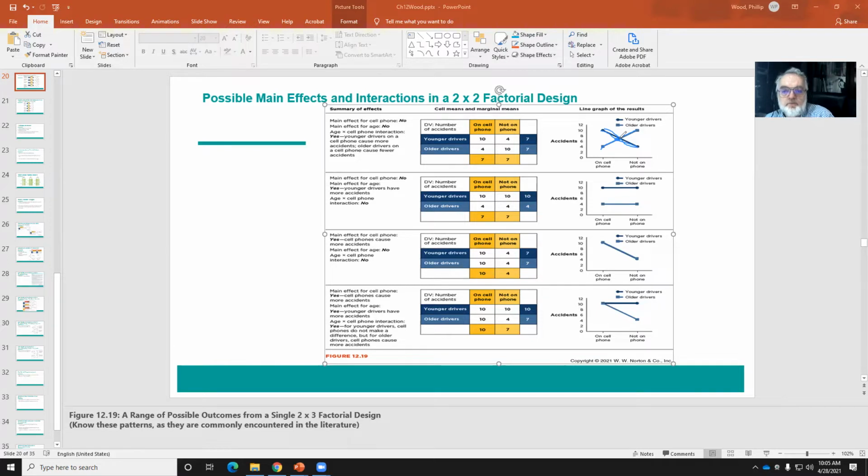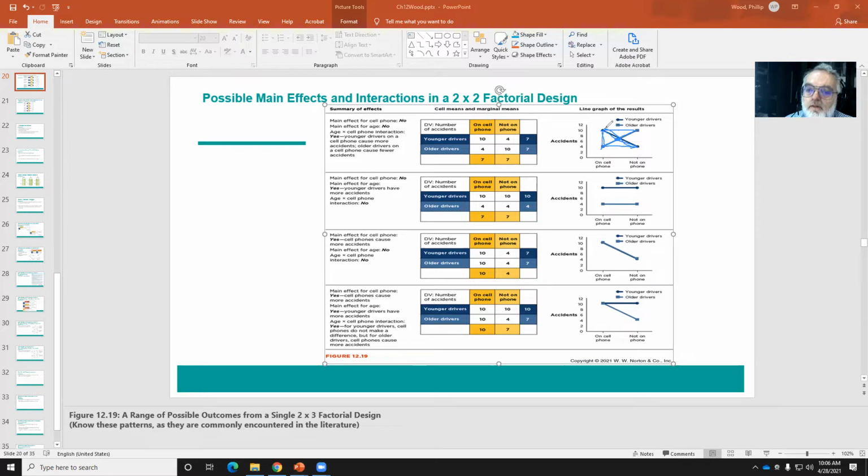there's no main effect for the age of the drivers there. And similarly, if I take a mean on the cell phone and not on the cell phone, I've got, let's see if I'm saying this correctly, no main effect as well for that. I'm sorry, I didn't do that right.